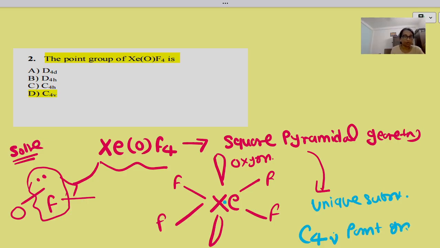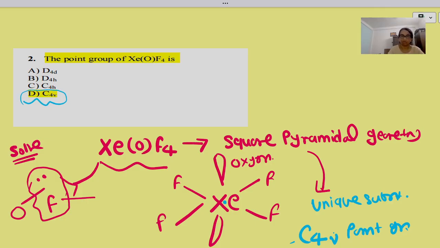So the point group is C4V, and we match our answer with the given options: D4, C4, H, horizontal and vertical. The right option is C4V.